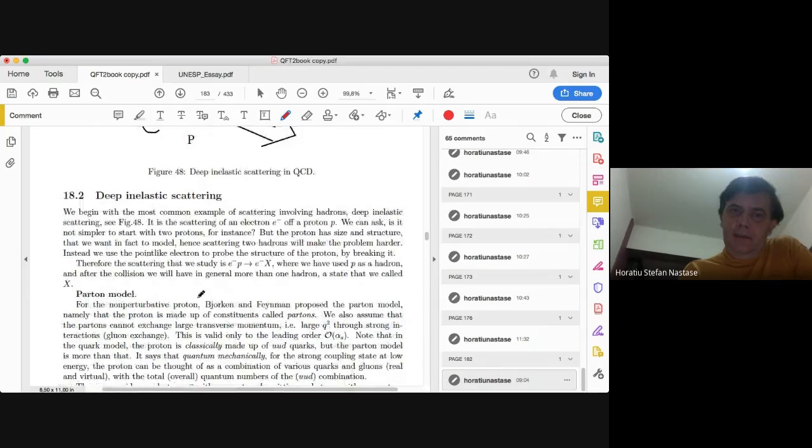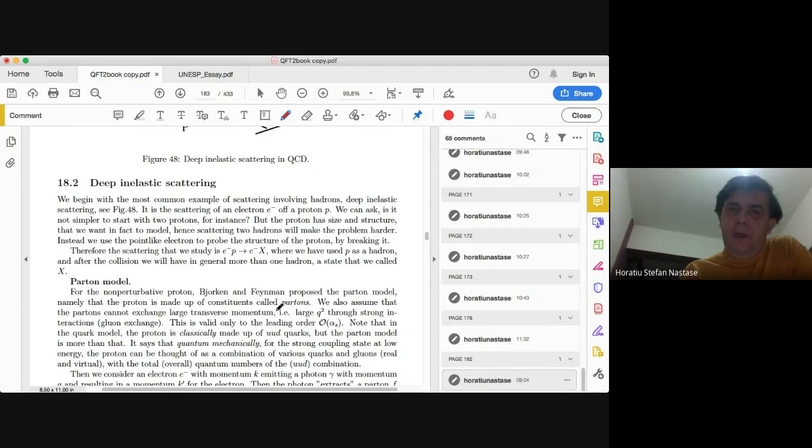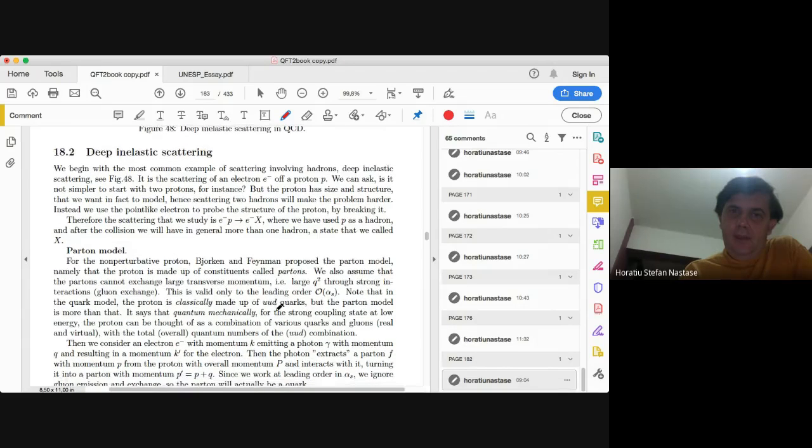Well, for this non-perturbative proton, Bjorken and Feynman proposed the so-called parton model, namely that the proton is made up of constituents called partons. Part of this parton model is the fact that the partons cannot exchange large transverse momentum. Transverse momentum means Q, so really large invariant Q squared.